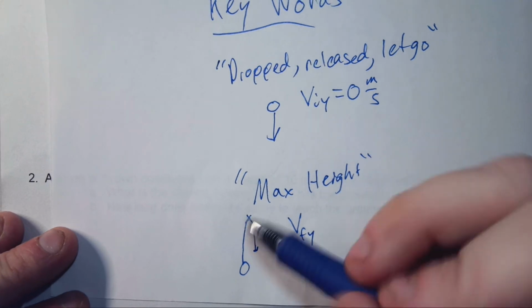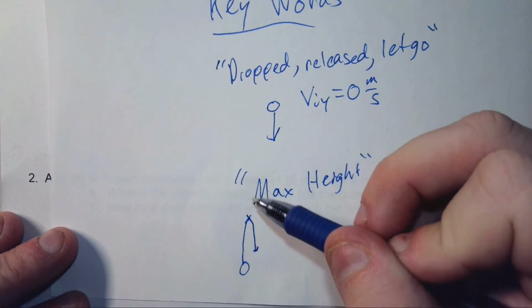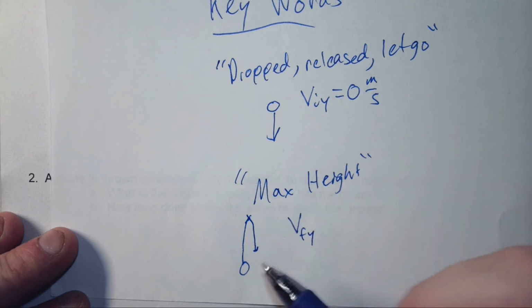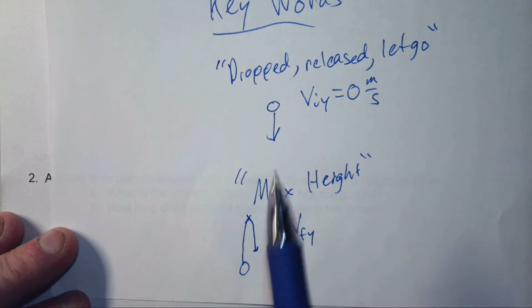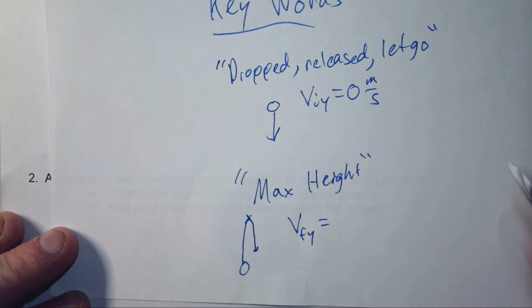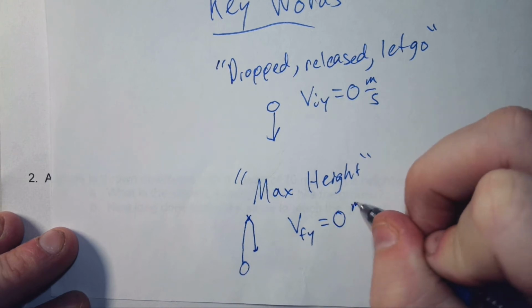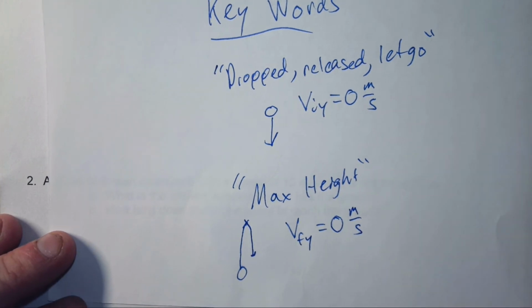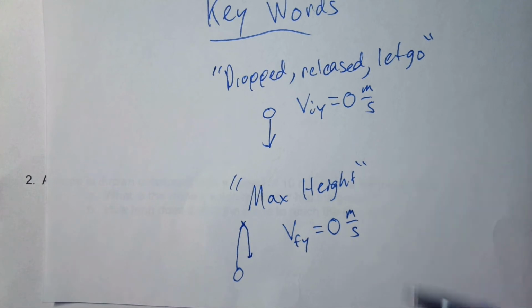Max height means the ball is no longer moving up and hasn't yet started moving down, so it's basically not moving up or down, and if it's not moving, then it is 0 meters per second. So we have these two phrases that help us. If it's dropped, initial velocity is 0. If it's max height, final velocity is 0. There are some other ones we'll look at later, but this should get us enough to go here.